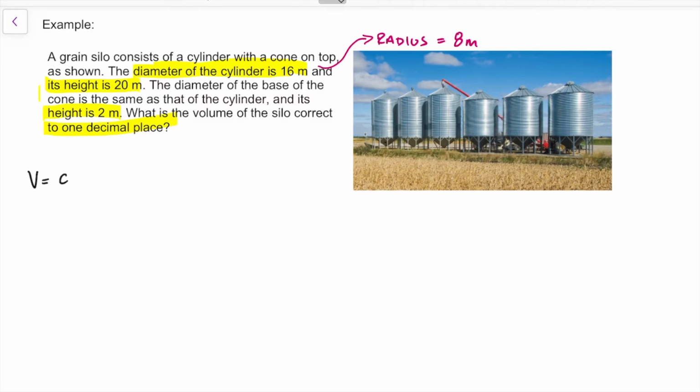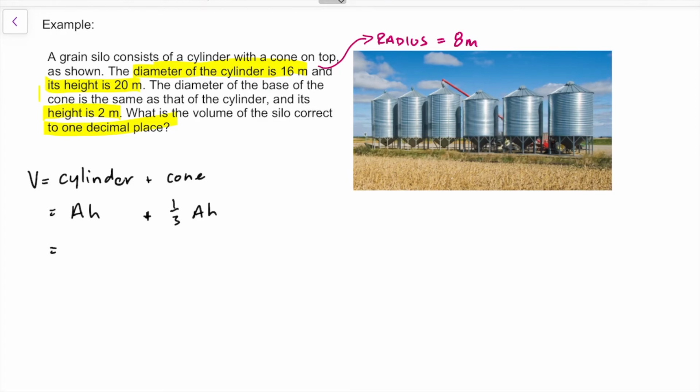So the volume is going to be the cylinder plus the cone. For the cylinder, we're just having AH, and the cone is a third AH. Okay, so that's how they're working together. Let's break that down even further to the individual bits and pieces that go into those shapes.